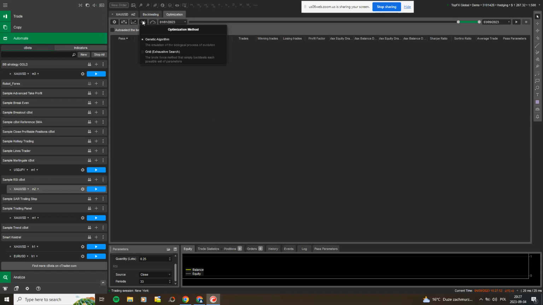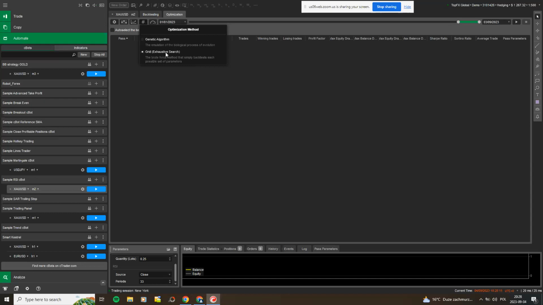Now, how will the optimization be done? The genetic algorithm, which is typical for cTrader, is a kind of theory-of-evolution algorithm. It will try a certain combination of factors and see if they survive.